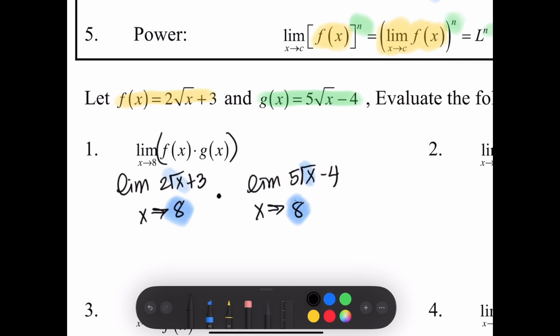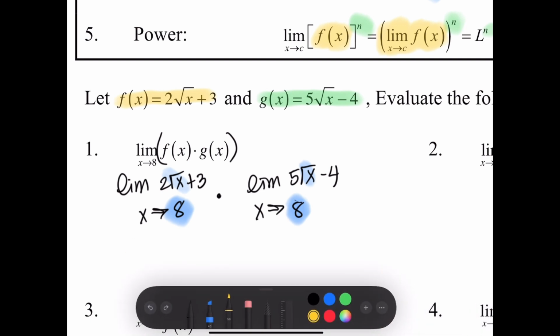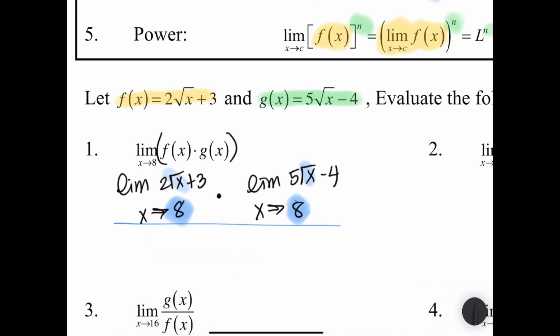Okay, so that's what I'm going to do here. I'm going to take my function and substitute 8. And I'm multiplying this times g of x also as I substitute 8.